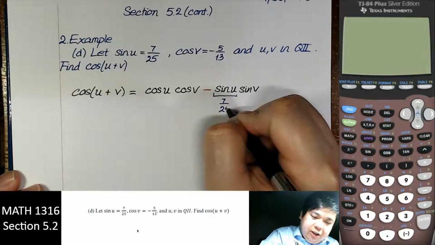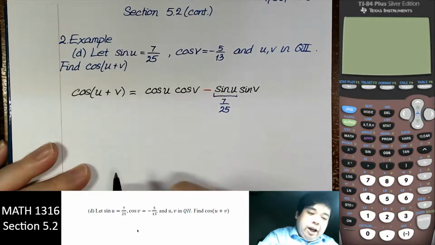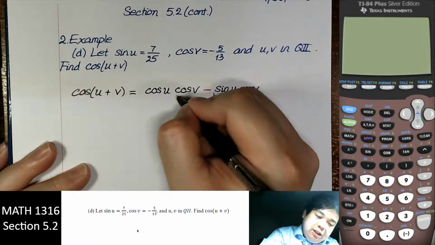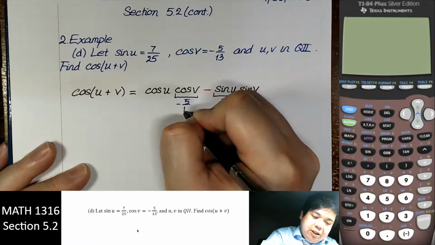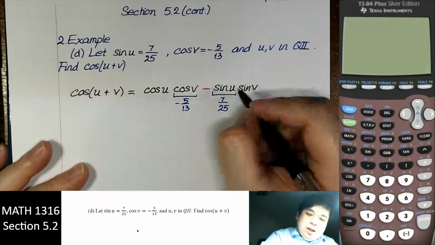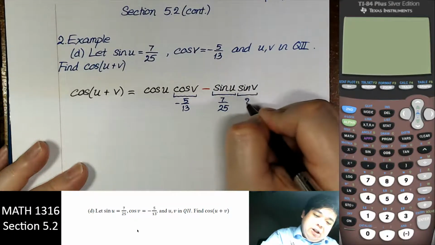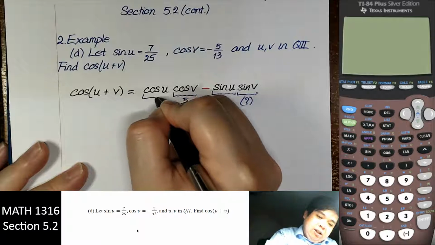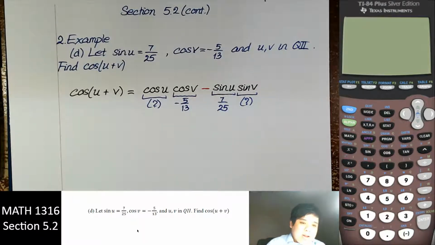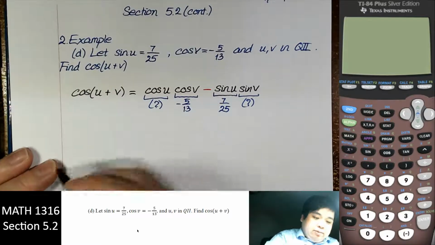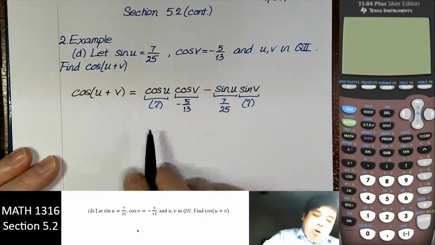7/25, and cosine of v -5/13, which means we need to find sine of v and cosine of u. Right. So first, we find cosine of u.